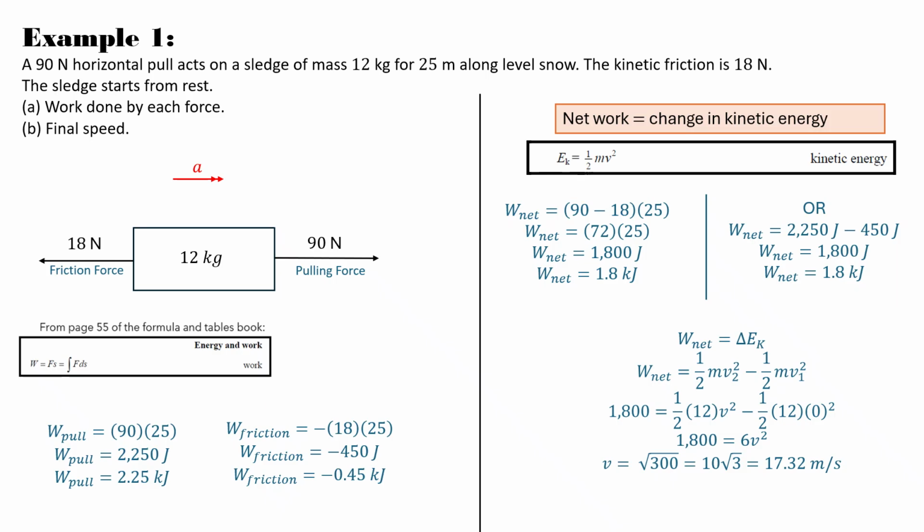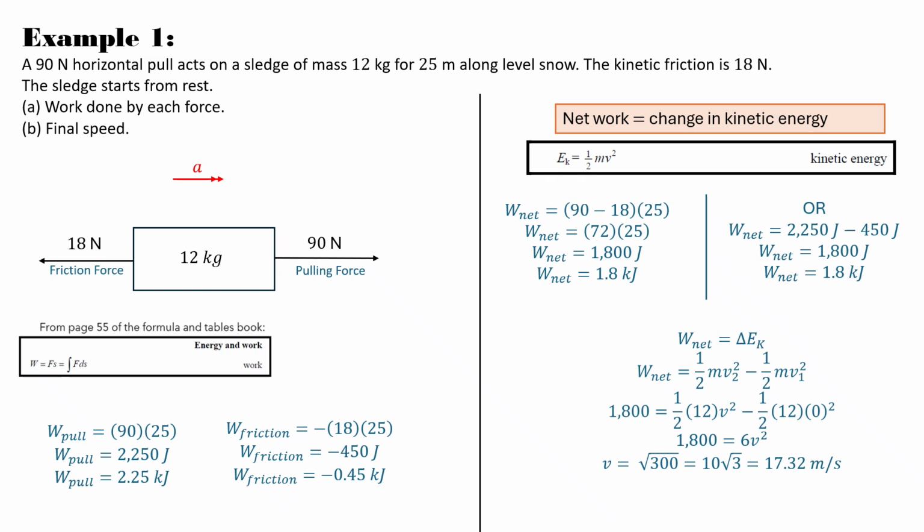Equally here, you could use u and v if you don't want to use v1 and v2. It doesn't matter, we'll get the same answer either way. The big thing here is to understand that the net work is equal to the change in kinetic energy. The reason that's true is because effectively there's nothing else happening here apart from those two forces.